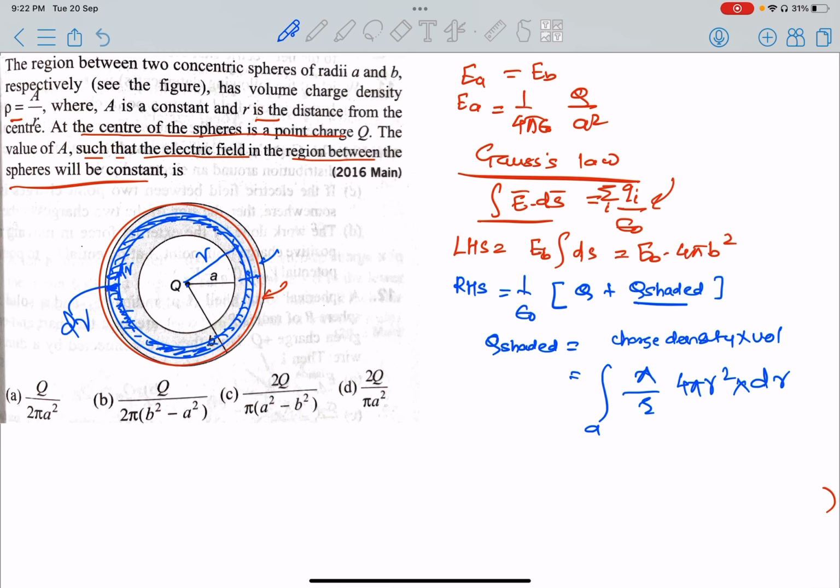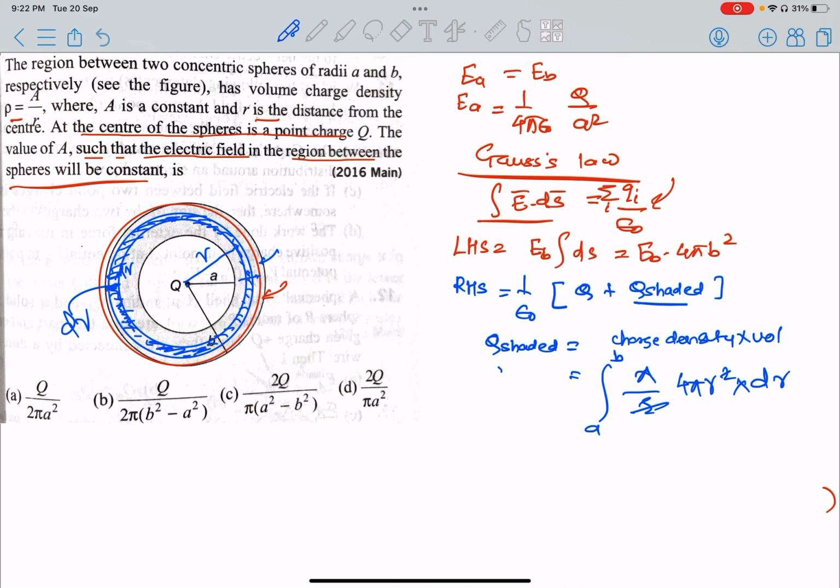So we will vary this integration from A to B. We are traversing this small thin spherical shell of width dr from A to B. So this will get me the total charge in this shaded region.